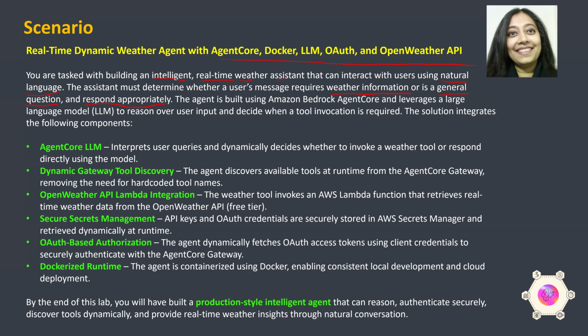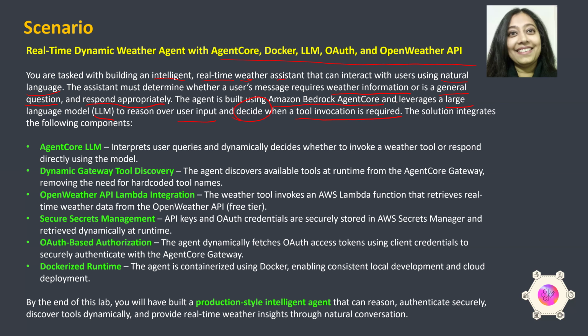The agent is built using Amazon Bedrock AgentCore and leverages a large language model, essentially an LLM. It uses this LLM to reason over user input and decide when a tool invocation is required.